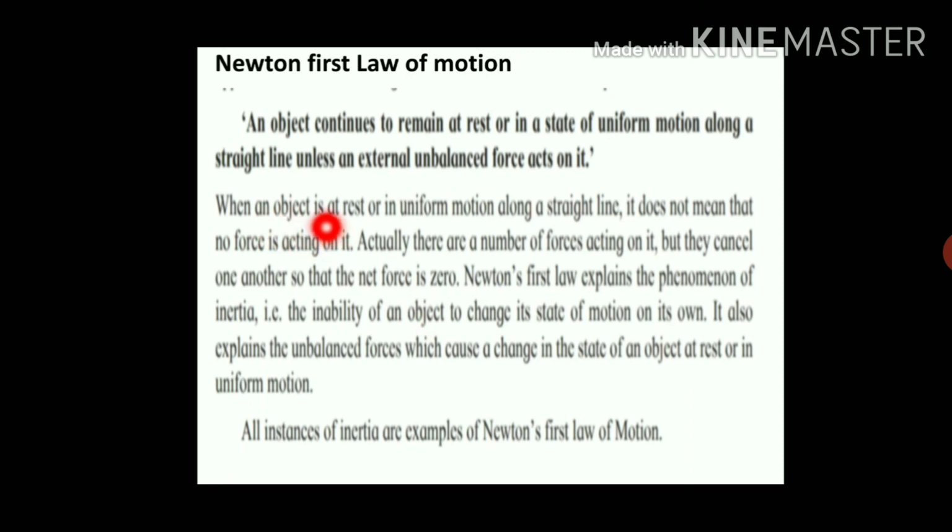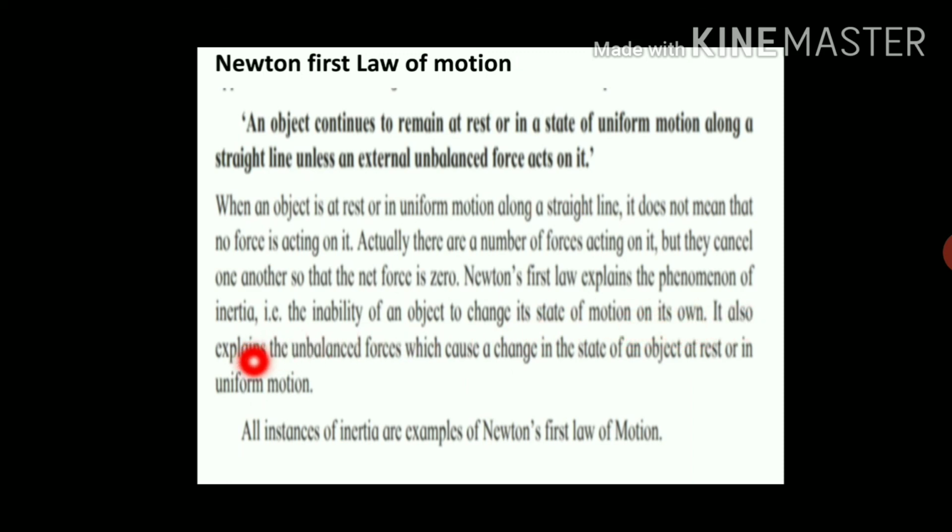When an object is at rest or in uniform motion along a straight line, it does not mean that no force is acting on it. Actually, a number of forces act on it, but they cancel one another so that the net force remains 0. Newton's first law explains the phenomenon of inertia, that is, the inability of an object to change its state of motion on its own.